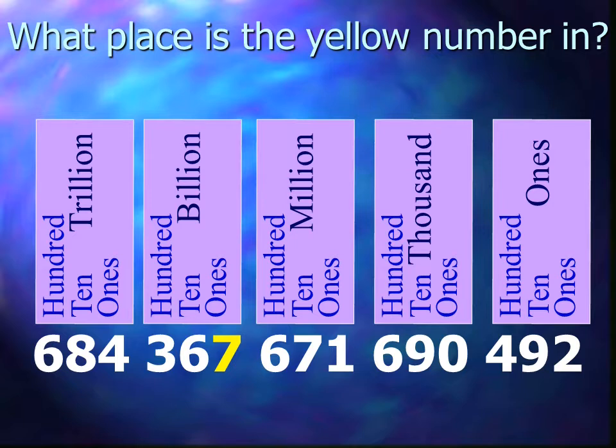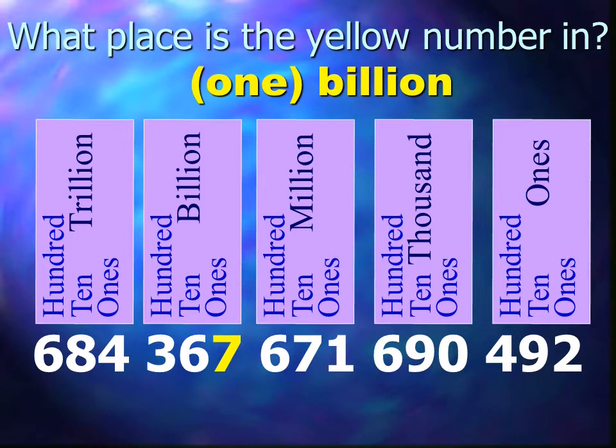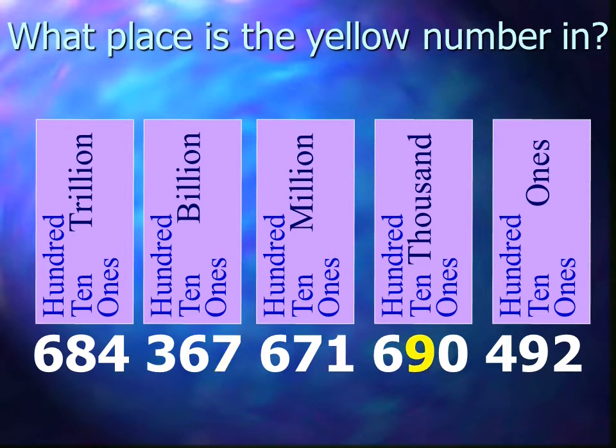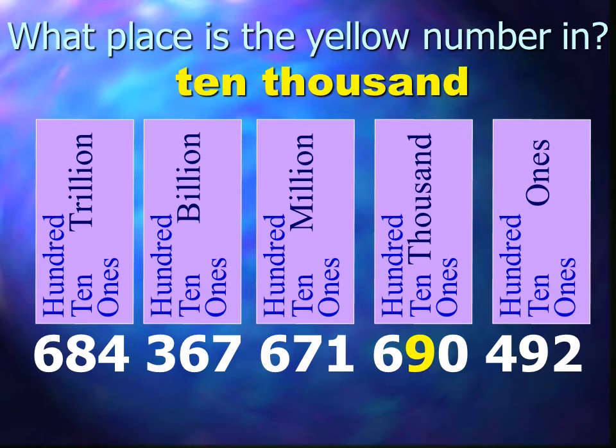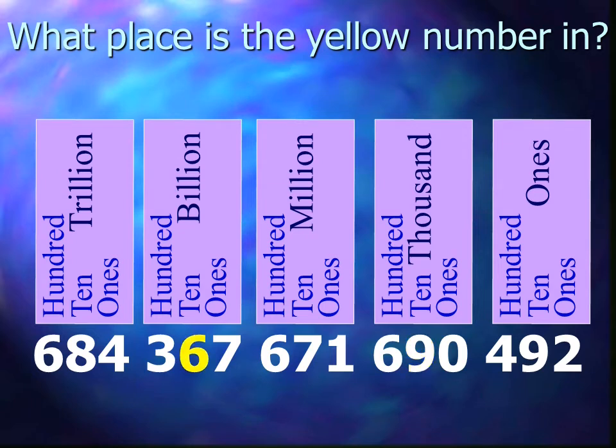What place is the yellow number in here? Billion. What place is the yellow number in? 10,000. What place is the yellow number in? 10 billion.